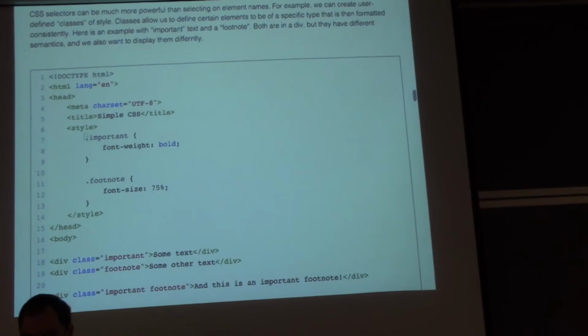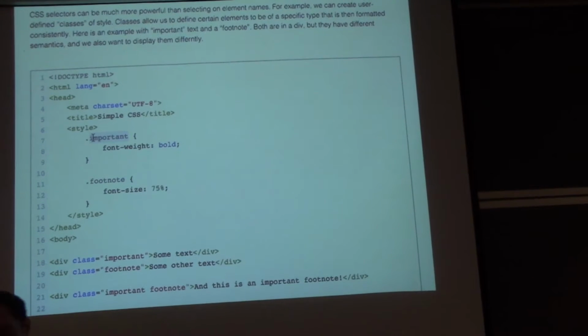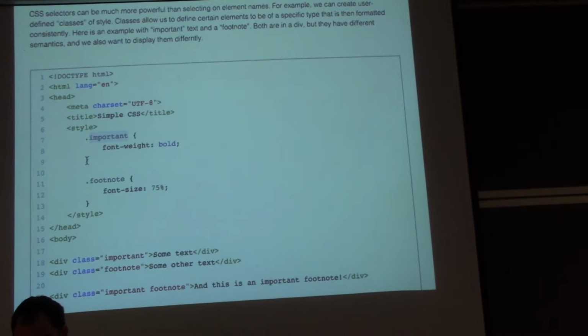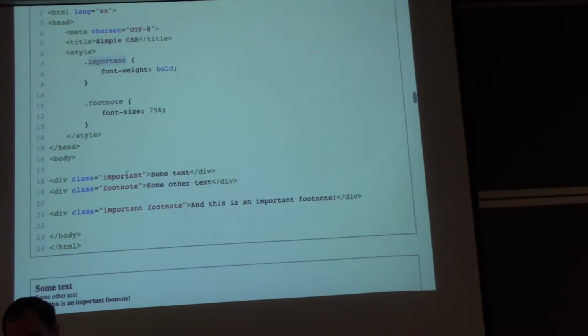The class selectors are marked up with a dot at the beginning. So here I am saying dot important. And whatever string I put here, in the case of elements this was defined for me, but here I have the liberty to use whatever I want. And then I have important, and then I have footnote. And here we see the div with important and footnote.